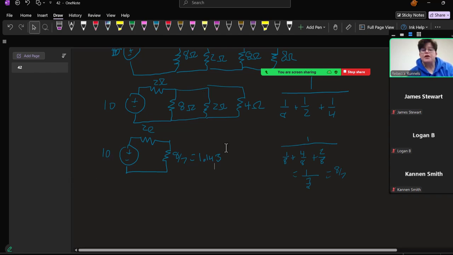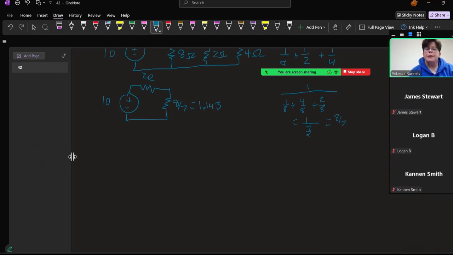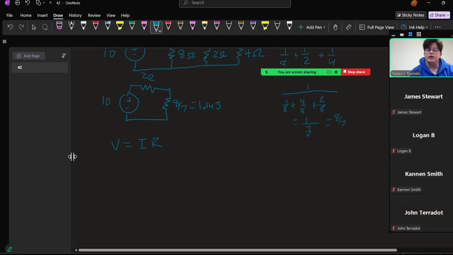All right. So now I want to find the current. And so to find the current, I can treat these two as if they are in series. And so the current will, in this problem, just be the voltage source, our voltage, over our resistance, which will be 3.143.